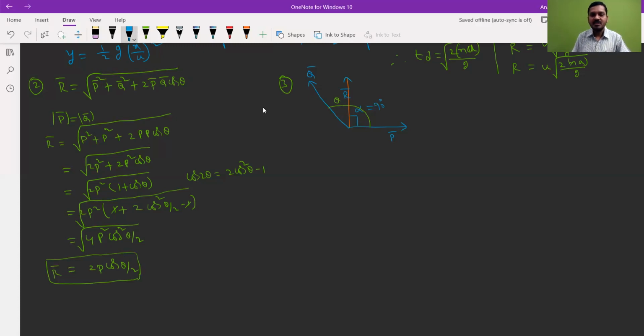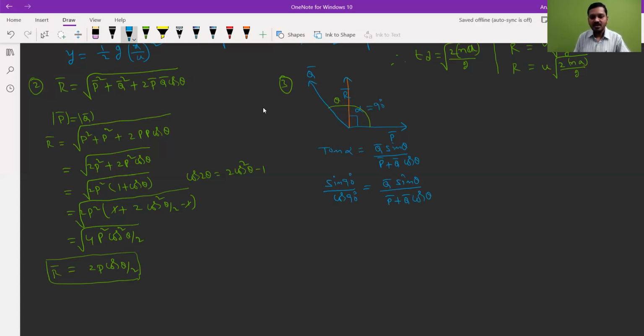First, I am using the alpha formula. Which formula do we know for alpha? Tan alpha is equal to Q sin theta by P plus Q cos theta. But in place of alpha, I am substituting 90 degrees here. Then tan is nothing but sin by cos, so sin 90 divided by cos 90 is equal to Q bar sin theta divided by P bar plus Q bar cos theta.